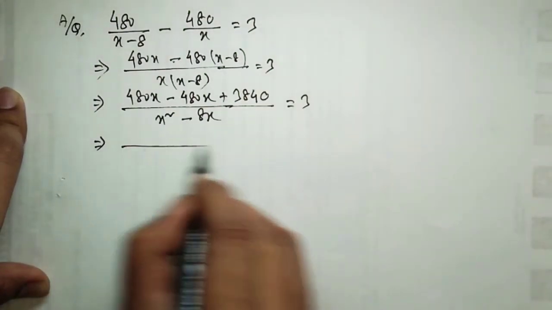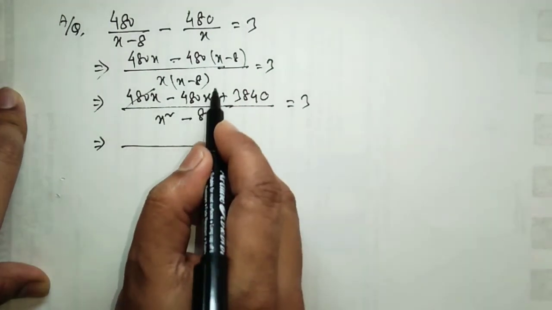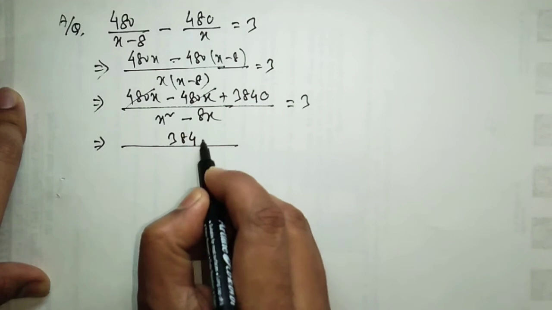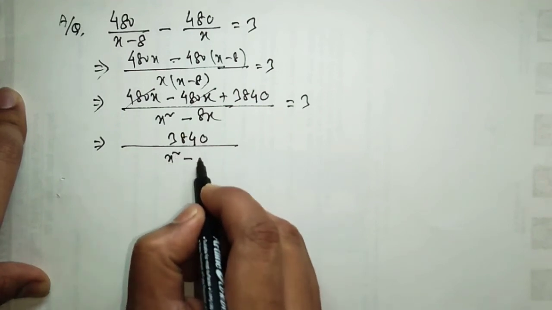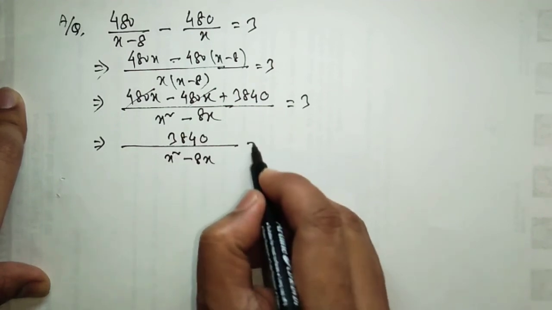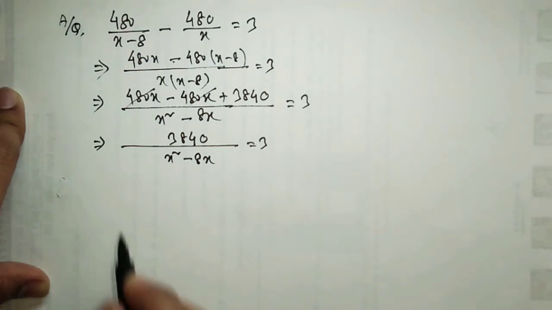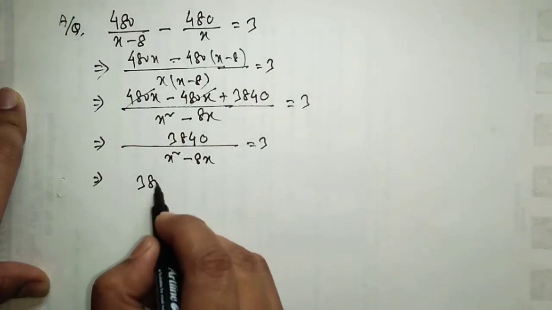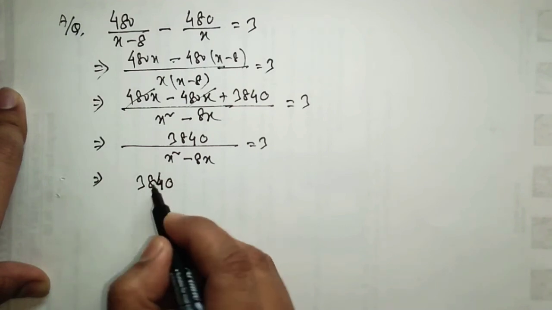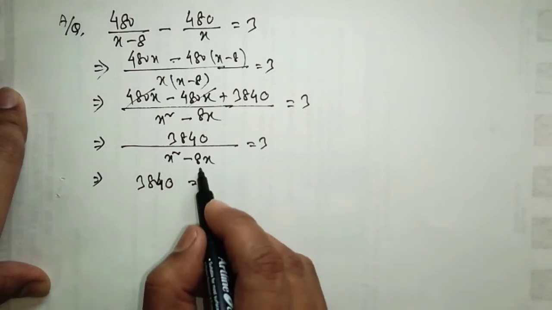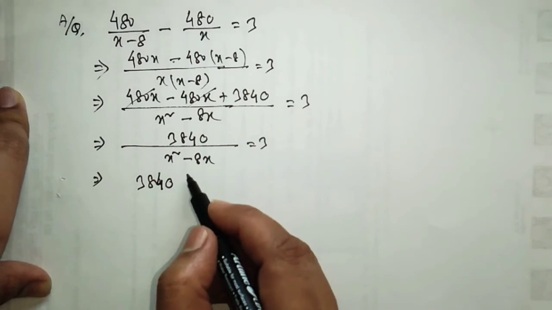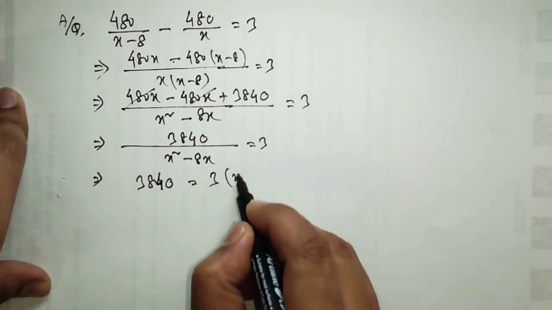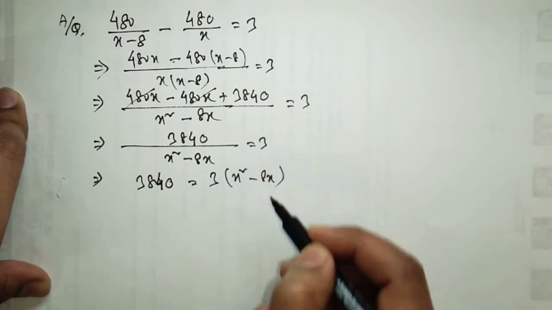This implies, now 480x minus 480x gets cancelled, so we are left with 3840 divided by x square minus 8x is equal to 3. Now take only 3840 on the left side; the x square minus 8x is divided here, so on the right it will be multiplication, 3 into x square minus 8x.